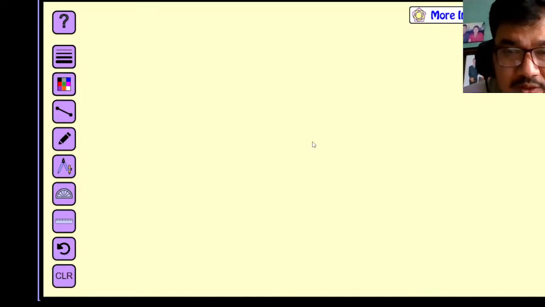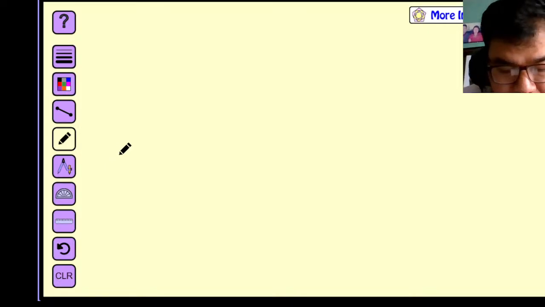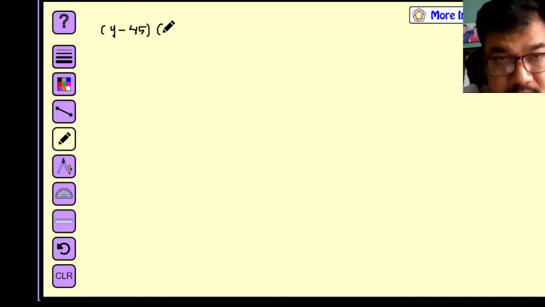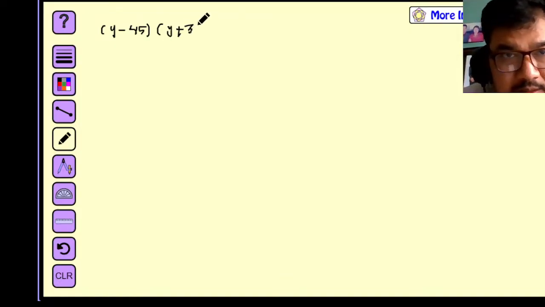Now look here, children. Now I want to show you that one, continuing on that. See here, it had come there: y minus 45, and another factor became y plus 36, and then equals to 0.